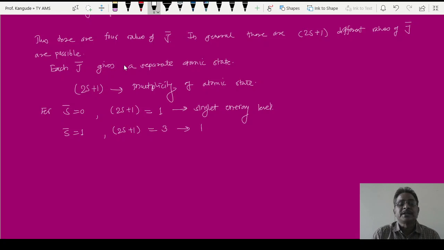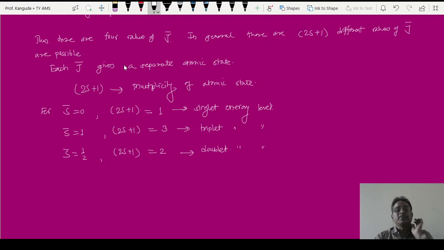This is called a triplet energy state. And if capital S bar is 1/2, then twice S plus 1, 2 into half is 1 plus 1, it will be 2, and this is called a doublet energy level or energy state or quantum state.